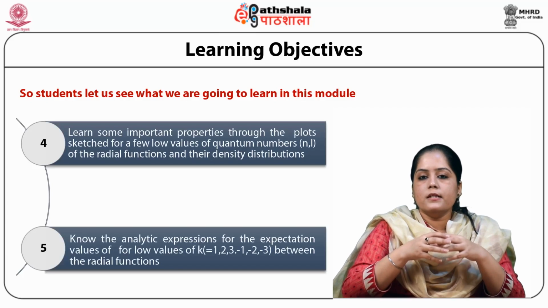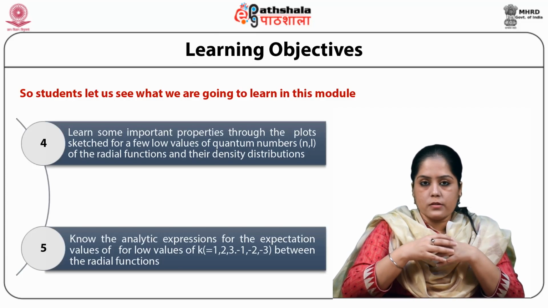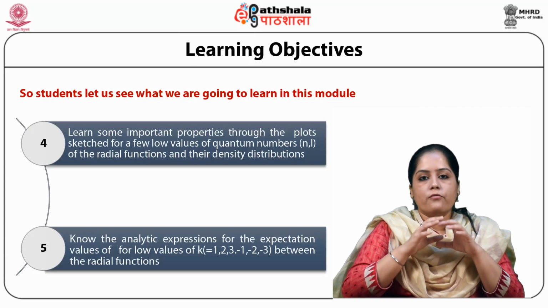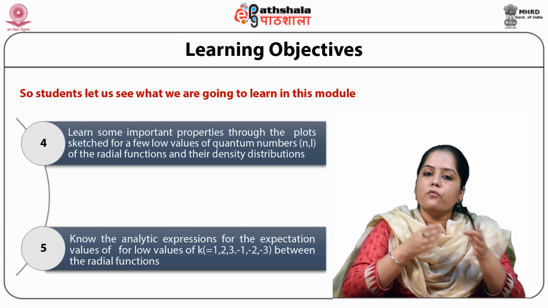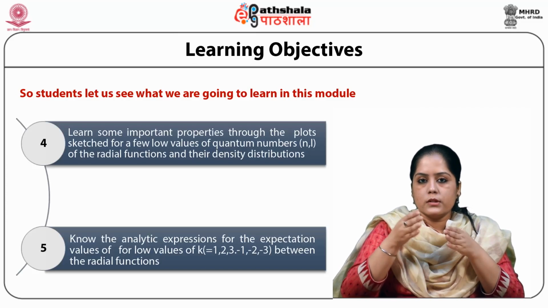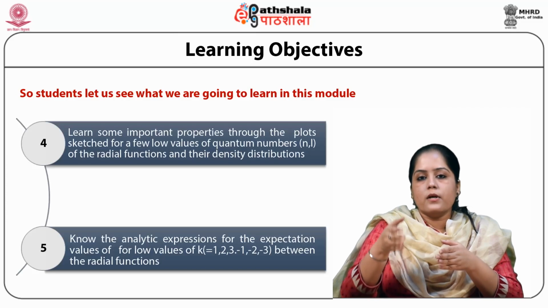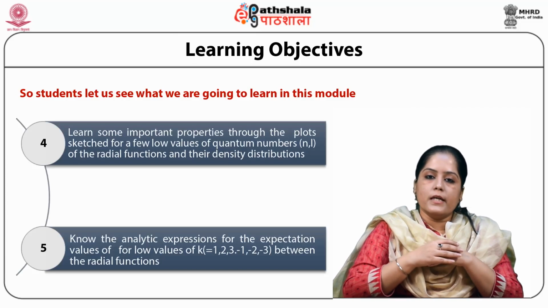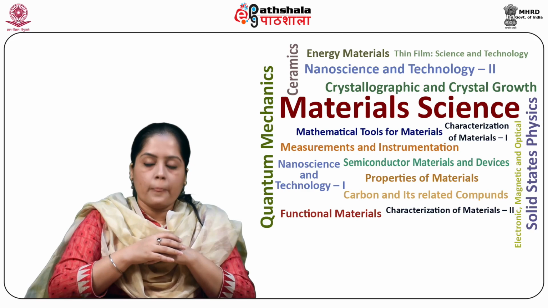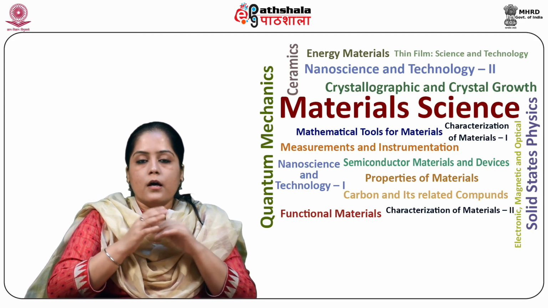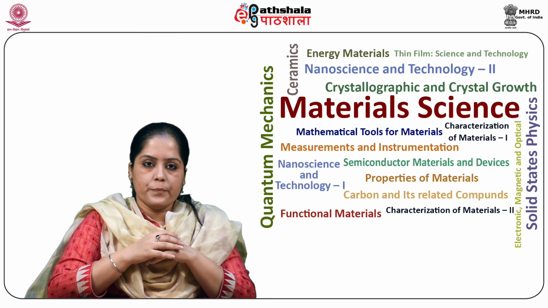Lastly, we will study the analytic expressions for the expectation values of r^k for lower values of k, that is 1, 2, 3, minus 1, minus 2, minus 3, between the radial functions. So students, let us start with a basic introduction about the module.